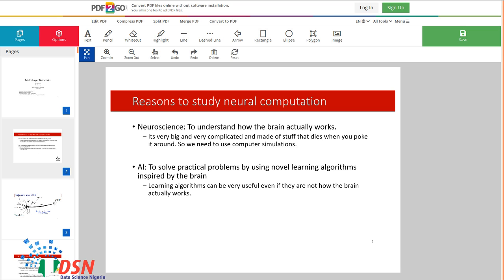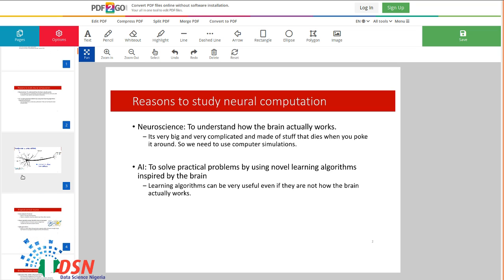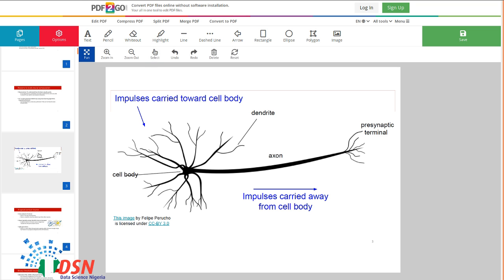So we want to somehow simulate the brain in the artificial intelligence and machine learning area, and so we call them neural networks. This is why they are called neural networks, because they consist of neurons.